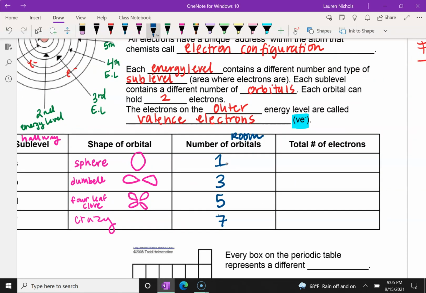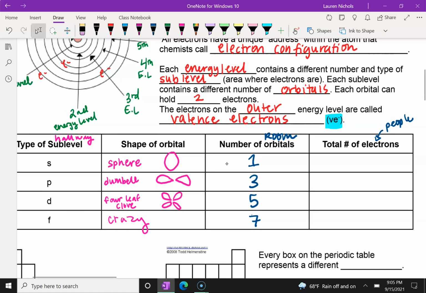Now, when we think about the total number of electrons, imagine that the electrons are like the people who are trying to stay in the room, okay? If you have 1 room or 1 orbital, then you can have 2 electrons, okay? So our total number of electrons would be 1 orbital times 2 electrons equals a total of 2 electrons.